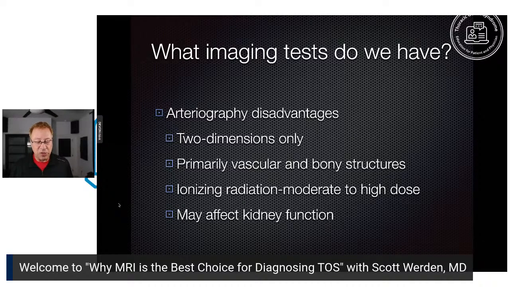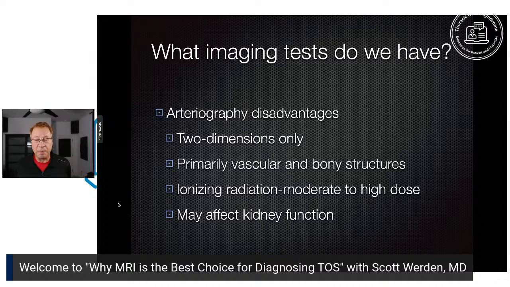And the disadvantages of arteriography: like X-rays, it's only two dimensions. You can't tell which structure is overlapping another, whether it's in front or in back, or how close it is. You can see the vascular structures, the blood vessels, and you can see the bones pretty well. The rest of it, like the soft tissue, is very hard to see. The ionizing radiation is actually a pretty good dose, moderate to high, to get these studies done.